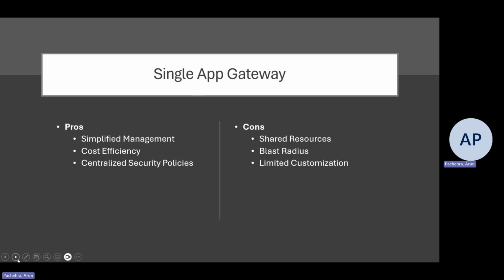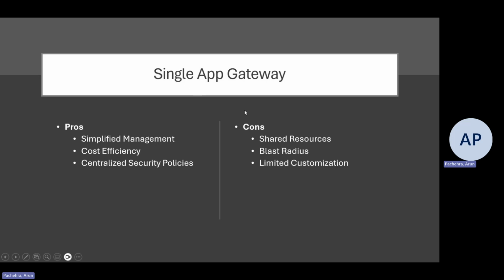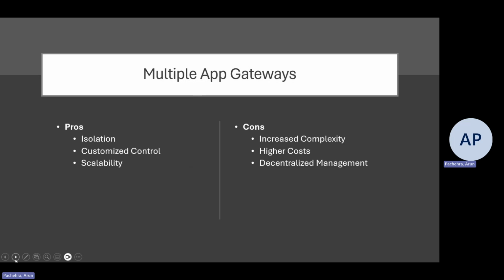Let's see what we get or what we compromise on the multiple app gateway. So in a multiple app gateway, the very first thing is isolation. If you remember, the con of single is shared resources. Hence, the pro of multiple is isolation. Each application or a group of applications can have its own app gateway, isolating traffic and resources. This reduces the risk of one application's issues affecting others.